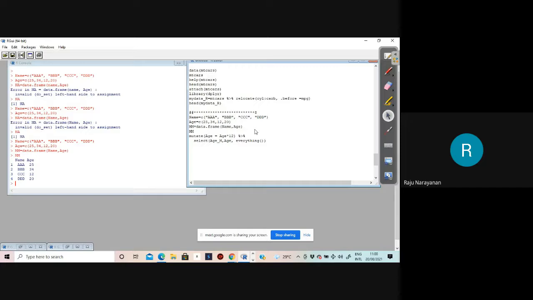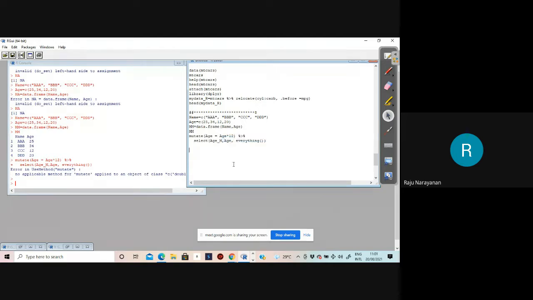Okay, everything. If there are no mistakes, we will get the answer. No applicable method for mutate applied to an object of class... Oh, something wrong somewhere. Mutate age is equal to age %>% 1 bracket 1 2 3 4.